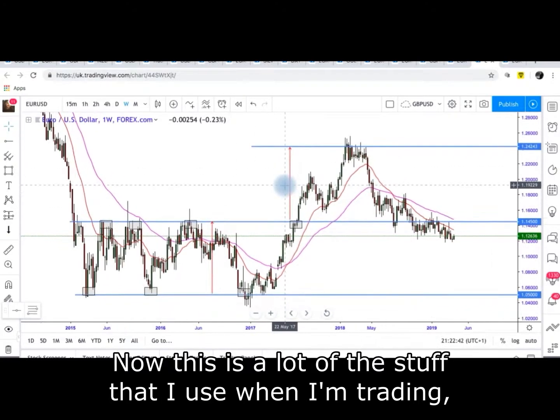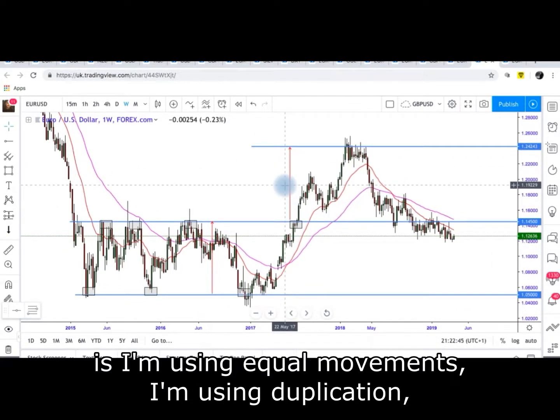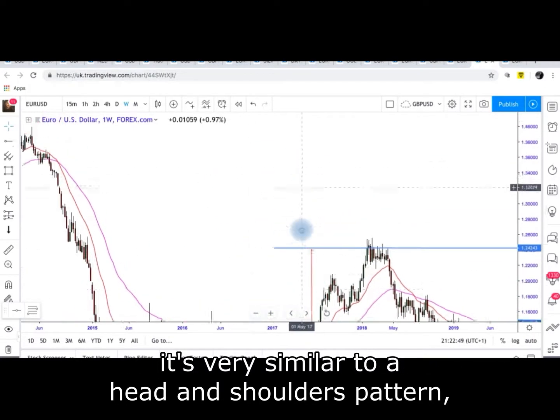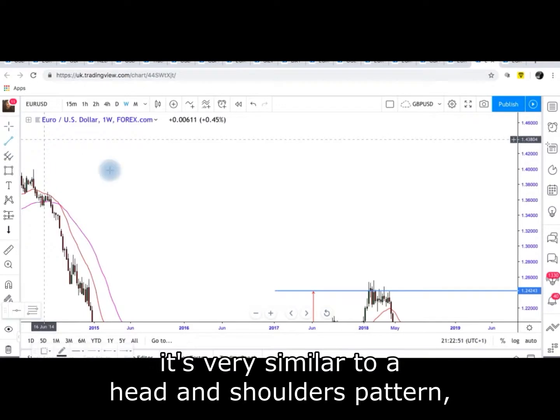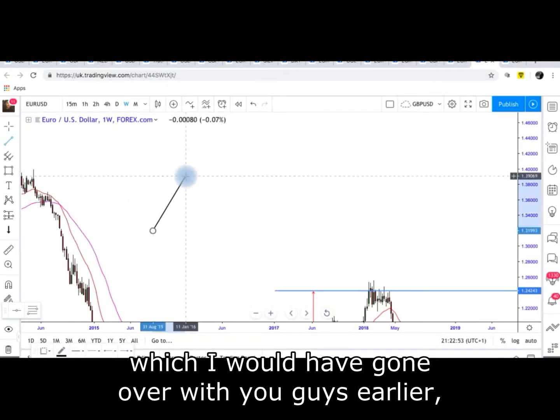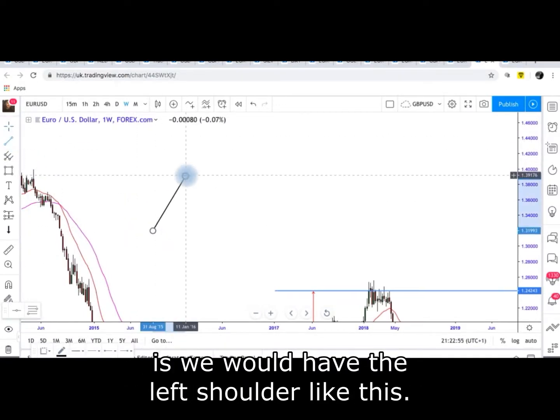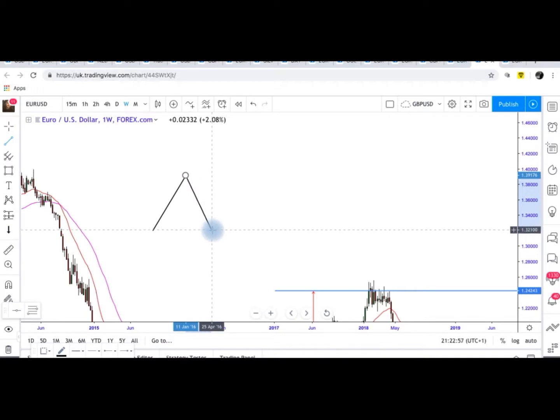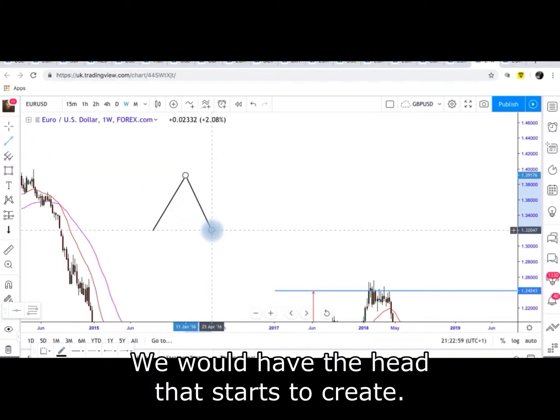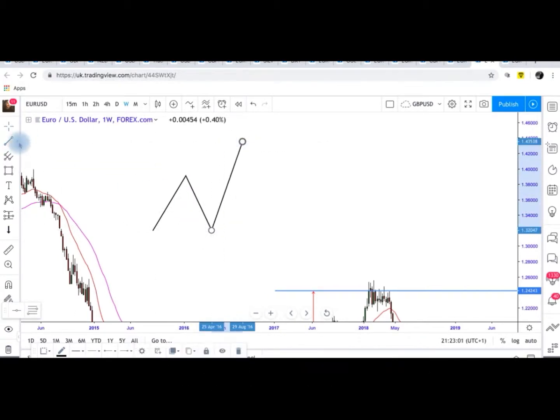Now, this is a lot of the stuff that I use when I'm trading: I'm using equal movements, I'm using duplication. It's very similar to a head and shoulders pattern, which I would have gone over with you guys earlier. We would have the left shoulder like this. We would have the head that starts to create.